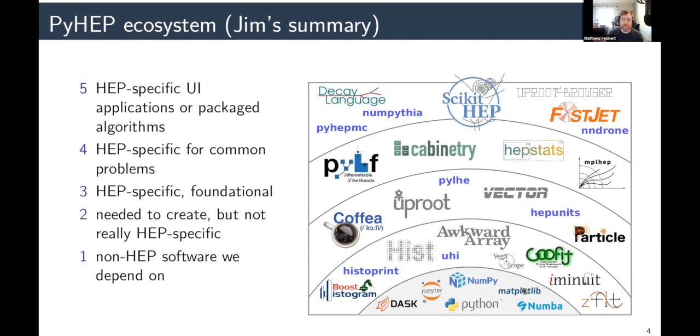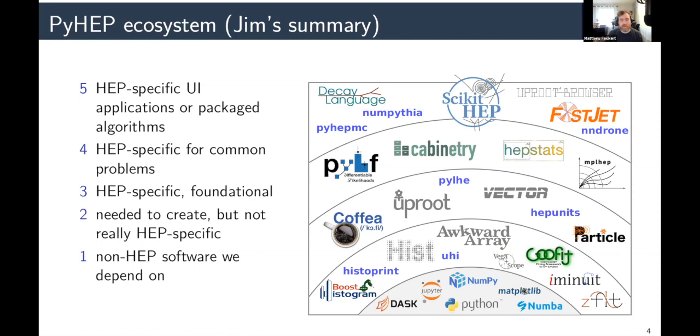Then the second layer of the stack is our tooling that isn't fundamentally specific to high energy physics, but at the same time didn't already exist in the PyData ecosystem, and so was necessary to create to be able to build upon. So you have things like Boost Histogram, Awkward, and iminuit. These are tools that, while they're critical to us in high energy physics, aren't necessarily only useful in high energy physics or high energy physics facing.